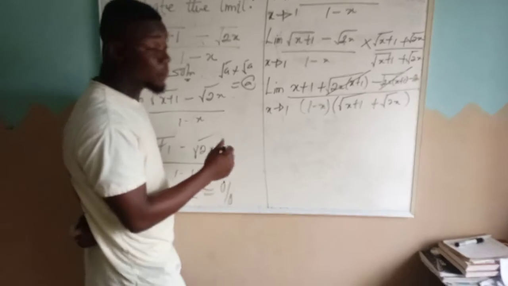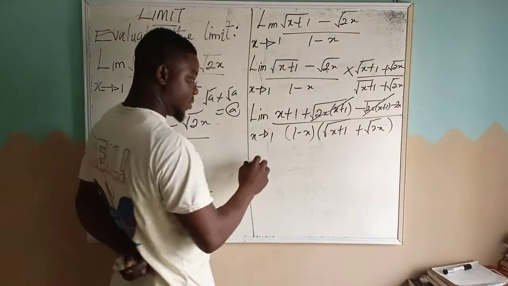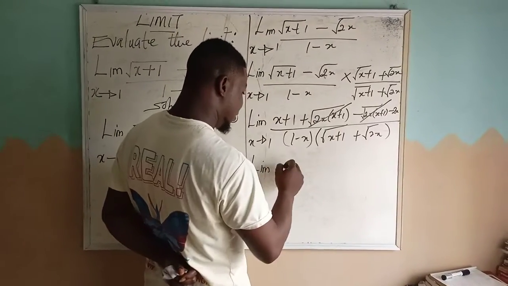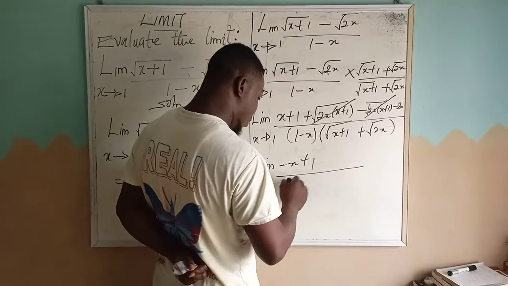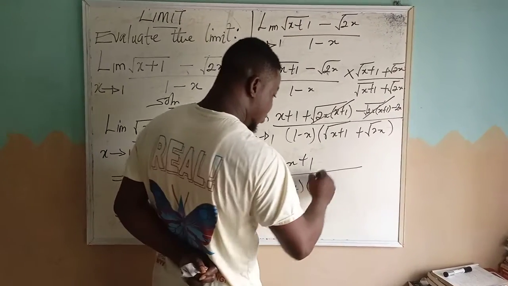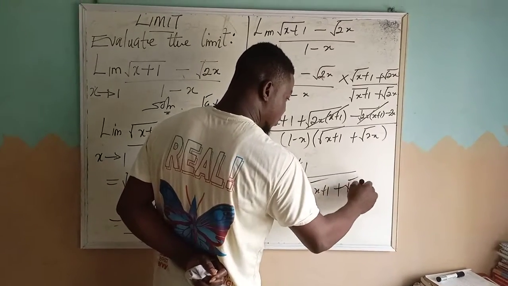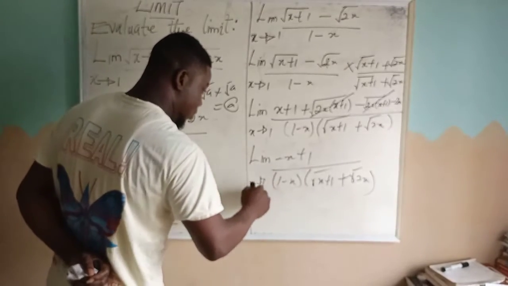So they cancel out, okay? And then you'll be left with x minus 2x. Of course, this gives us the limit of x minus 2x, which is negative x, and then plus 1. Everything divided by 1 minus x times square root of x plus 1 plus root 2x. Okay? Alright. Don't forget x approaches 1.